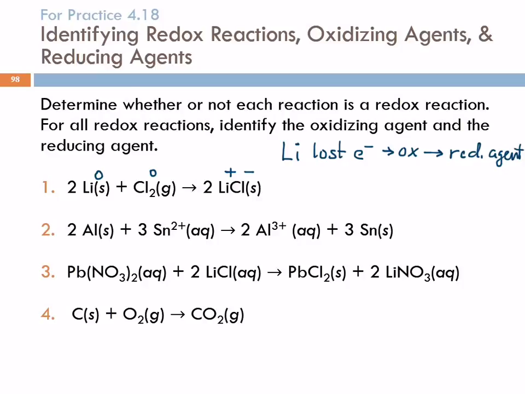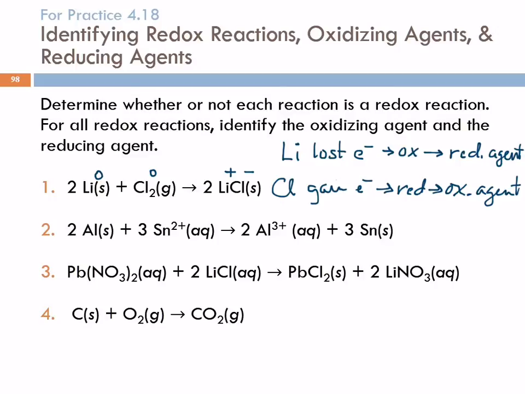So if there's oxidation, there must be reduction. What's being reduced? The chlorine. The chlorine's going from 0 charge to -1. You do that by gaining an electron. So for the chlorine, it gained an electron. Reduction is gain. So this is reduction, and so that is the oxidizing agent.